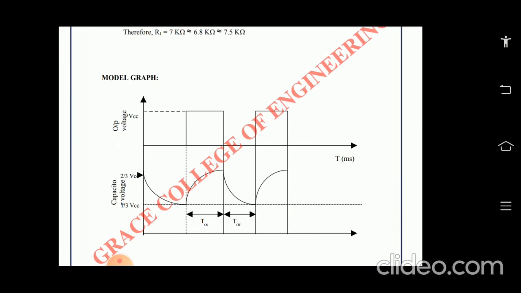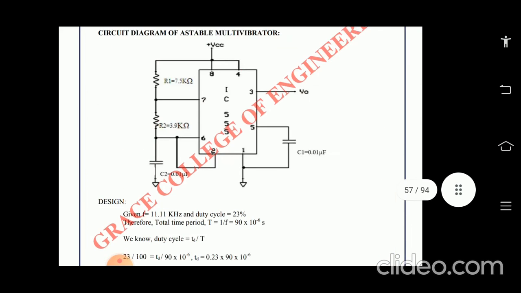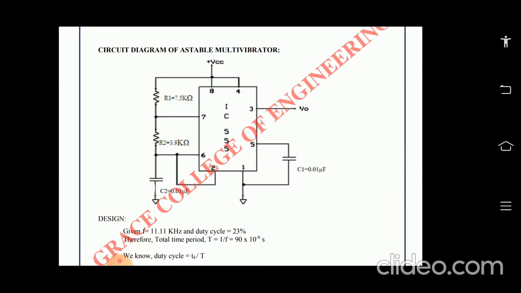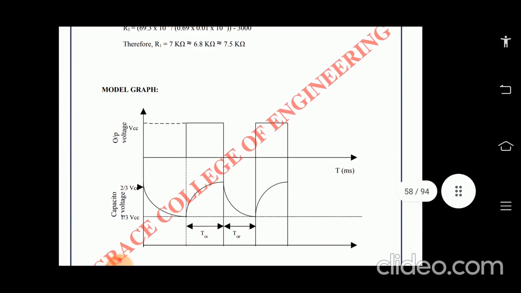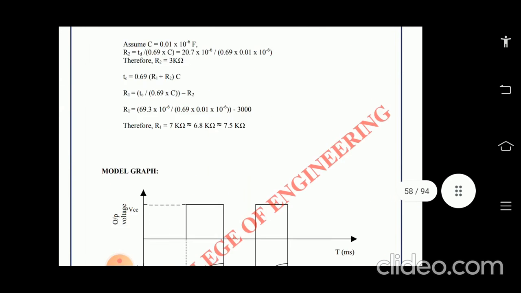T on will indicate TC, and T off will indicate TD, that is, the charging and discharging time of our capacitor. So whenever we construct this circuit diagram on our breadboard, we get this output voltage and capacitor voltage, and we need to get this output waveform with the help of our CRO.